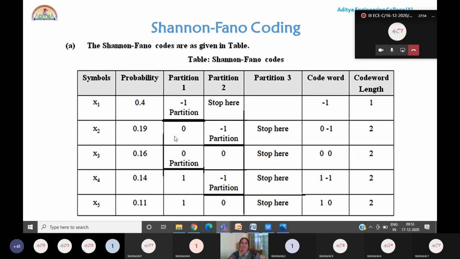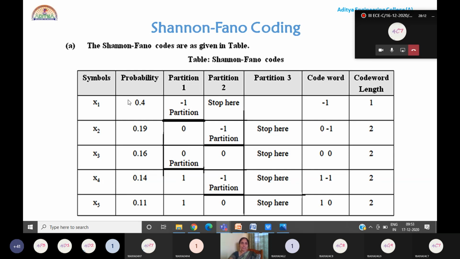What is the next thing? The next thing is to calculate the average code word length. You can obtain that. I already told you the expression: summation k equal to 1 to 5 of p suffix k into l suffix k.